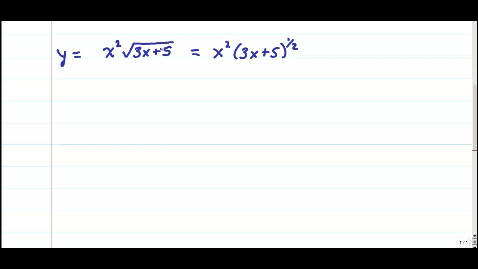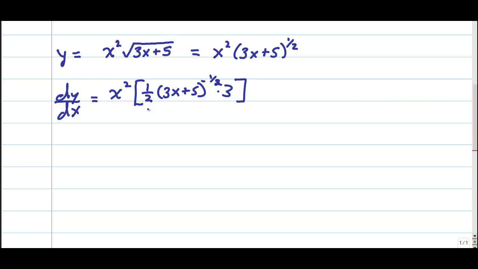So the power of this radical is 1/2. Now here we go. Here's the derivative. dy/dx is equal to the first times the derivative of the second. Here's the derivative of the second: 1/2 (3x plus 5) to the 1/2 minus 1, which is negative 1/2, times 3. So here's the first times the derivative of the second, plus the derivative of the first times the second.